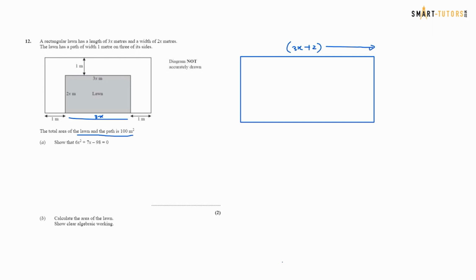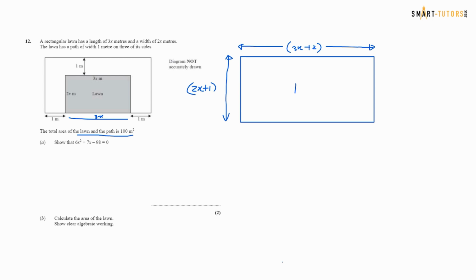So that is the length of the path including the lawn. The width is only one side has the path, so 2x plus 1. That's all you need to know.